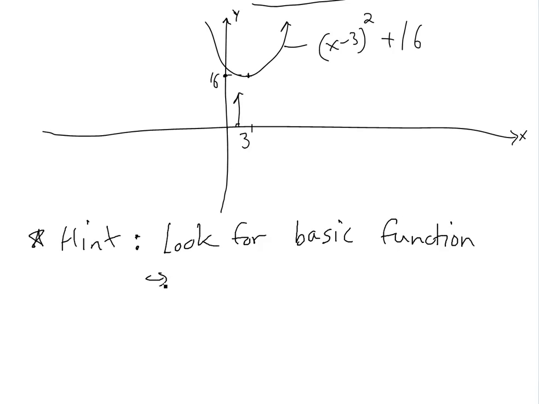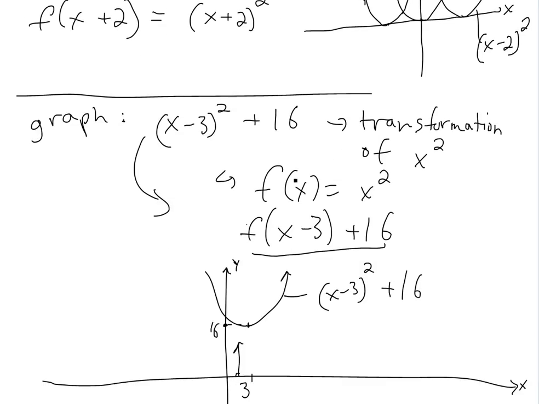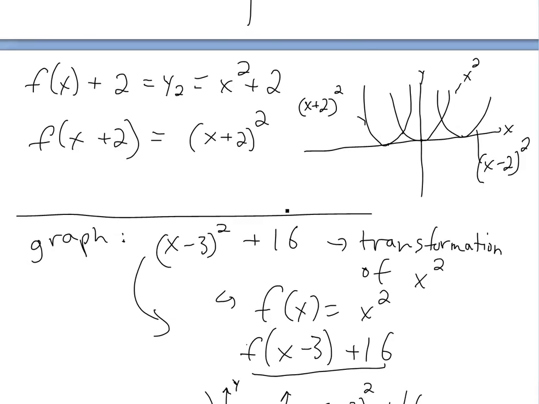In this example, it's just x squared, and the other stuff was just a transformation. If you understand the transformations of all the functions, you can graph many others. All you've got to know is the basic one and how to shift it.